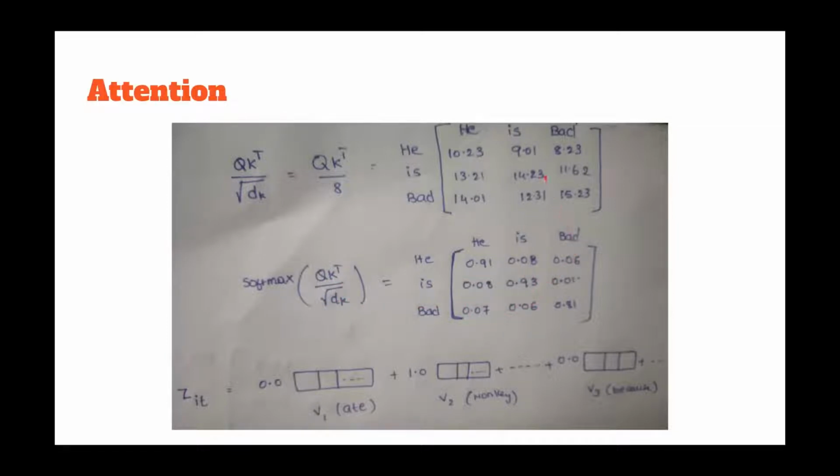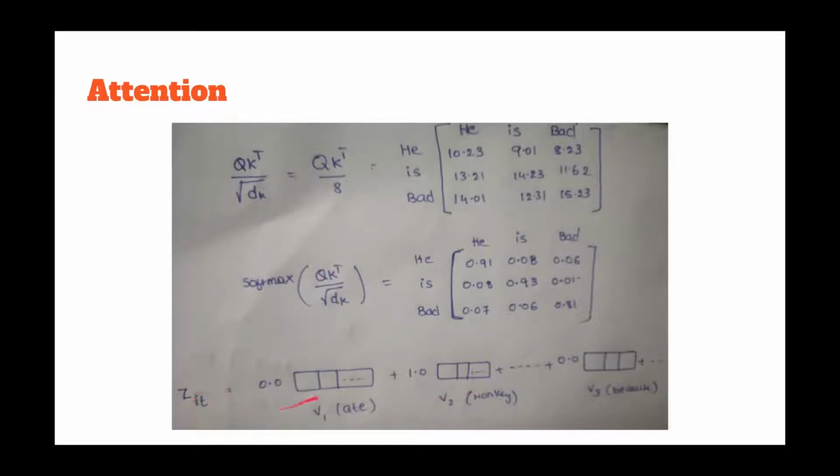You can see the values got reduced, and by applying softmax, the values are now between 0 and 1. Now look at the last line. In the previous case we saw how we can teach the model whether "it" refers to banana or monkey. We want it to refer to monkey. Once you get these scalar values and multiply with the value matrix, this is how it will look.